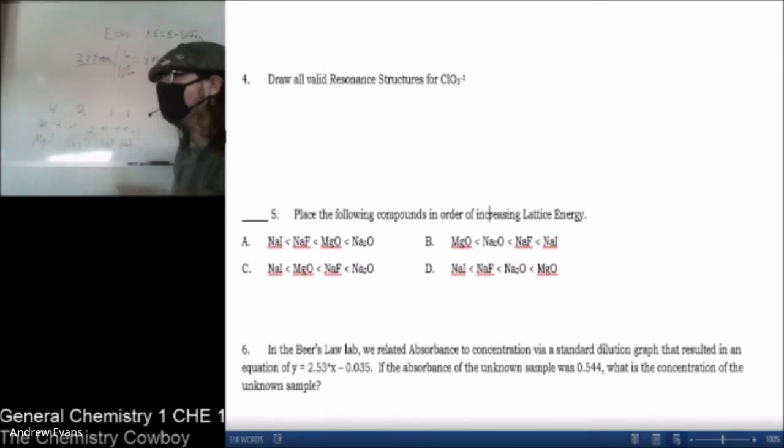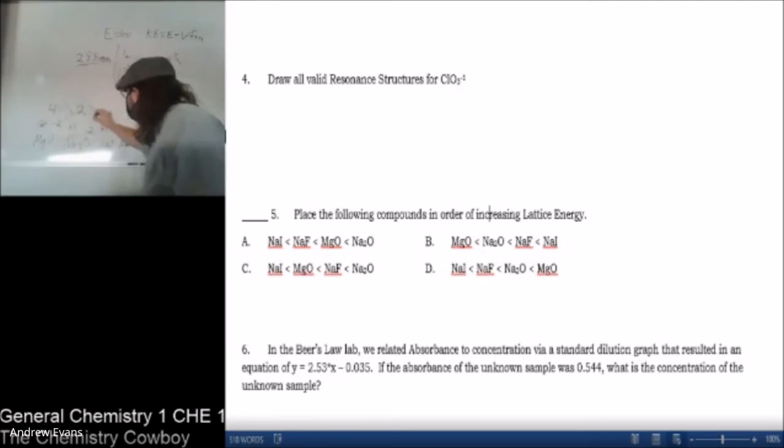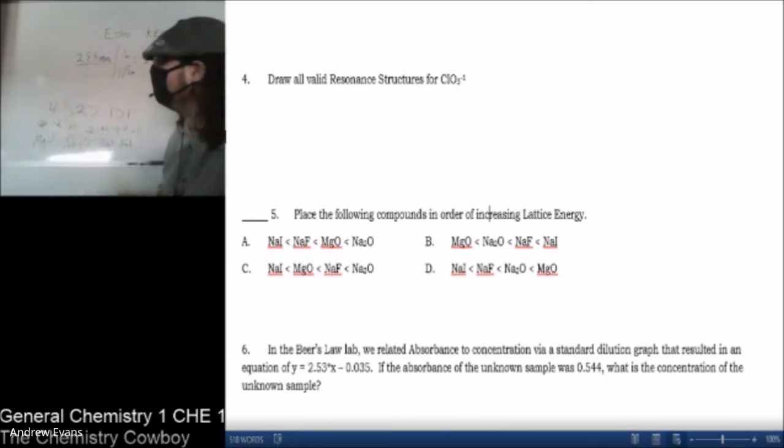And so iodine is going to have lower lattice energy. So we're going to have directly the order I've had it. You're going to have NaI followed by NaF, followed by sodium oxide, followed by magnesium oxide, or answer D.